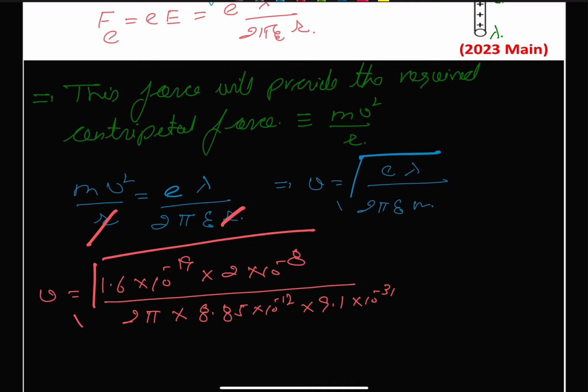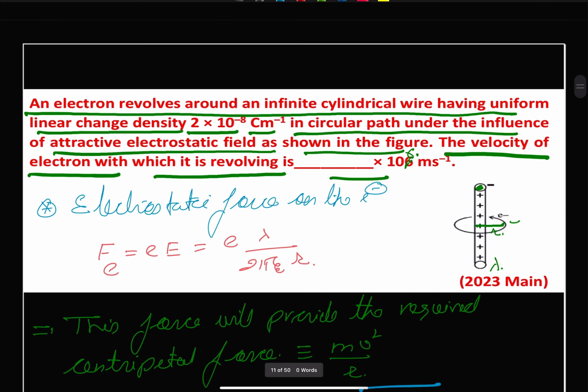So this will be approximately equal to 7.95 × 10^6 meter per second, which can be approximated as 8 × 10^6 meter per second. So we get this as 8. Next question.